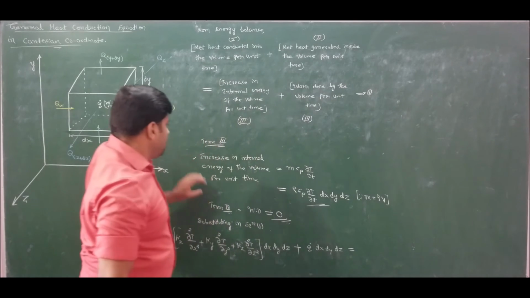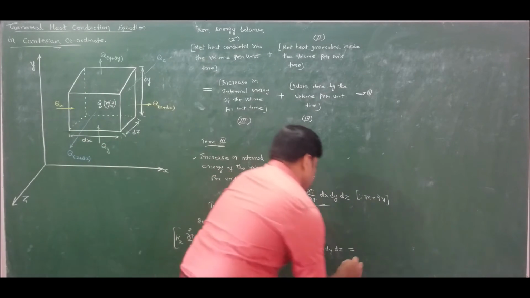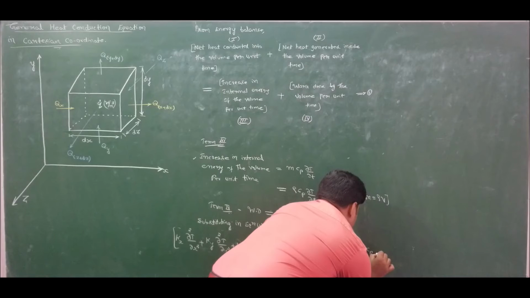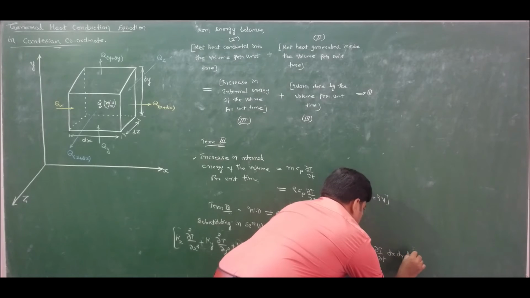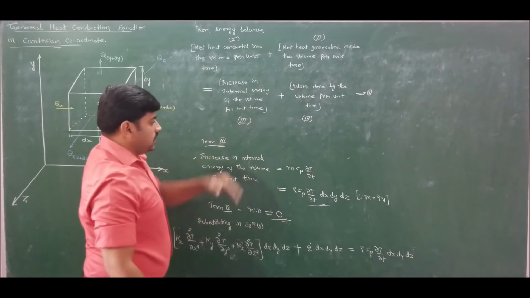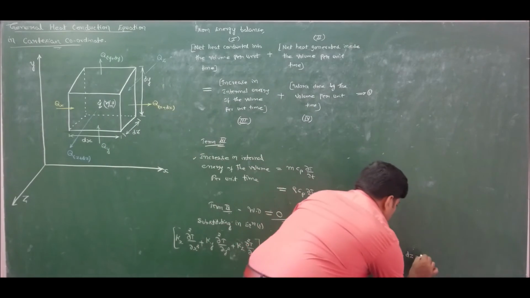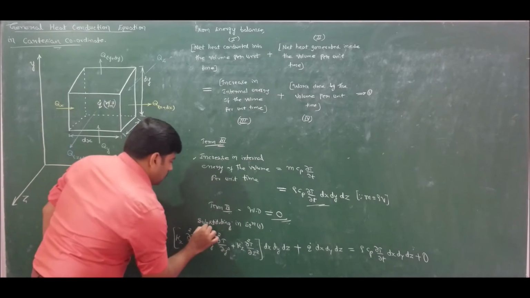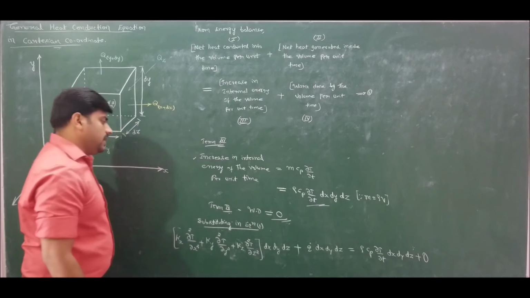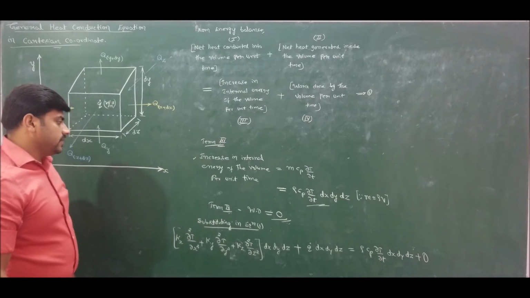This must be equal to the increase in internal energy, which is given by rho Cp ∂T/∂t dx dy dz, plus term 4 which is 0. So this is what we got after calculating all 4 terms individually and substituting into the energy balance equation.